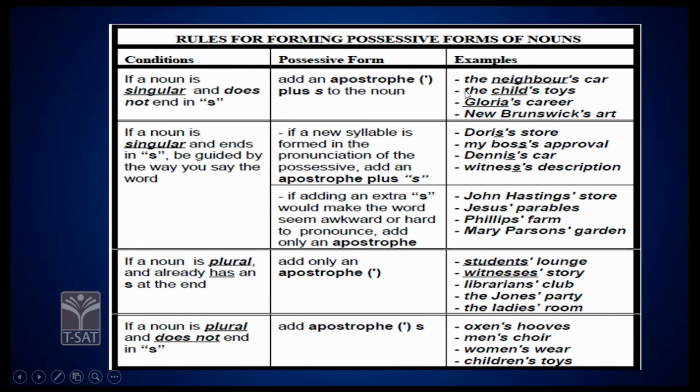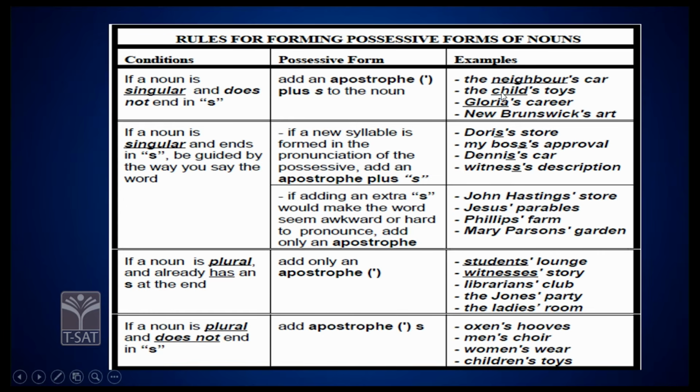See the example here. The neighbor is a root word. Now we have put an apostrophe here and added s, so it is going to be changed to the neighbor's car, right? It indicates that the car belongs to the neighbor. Now, the child's toys.